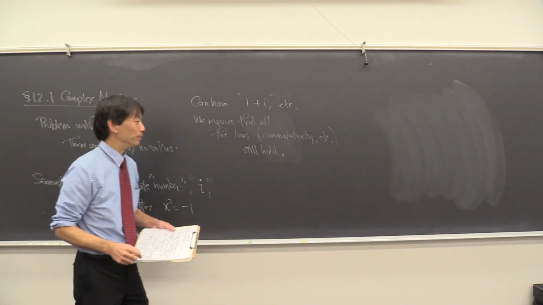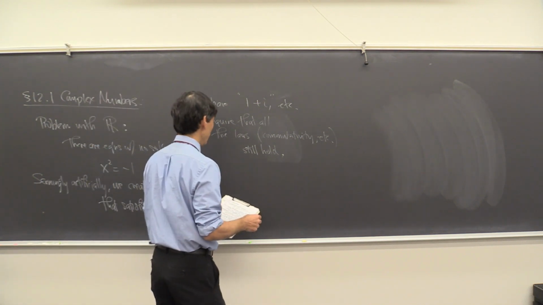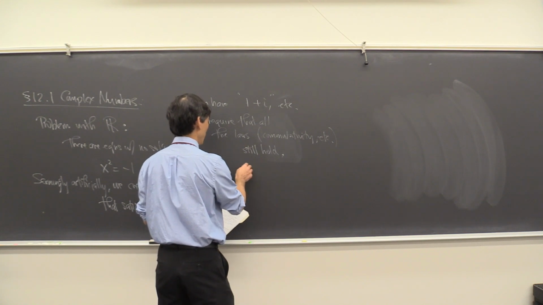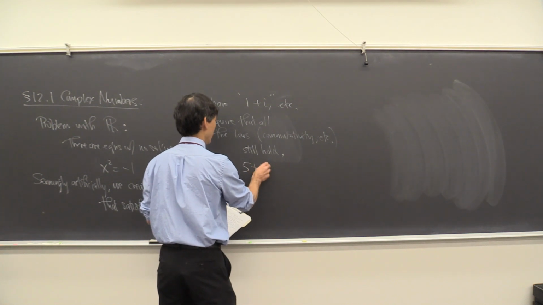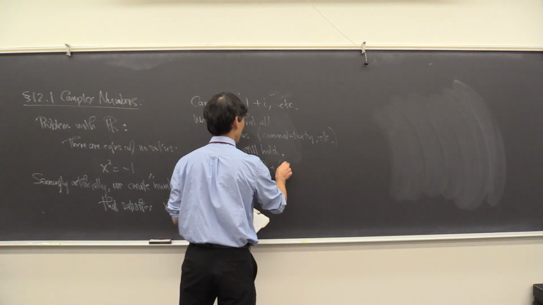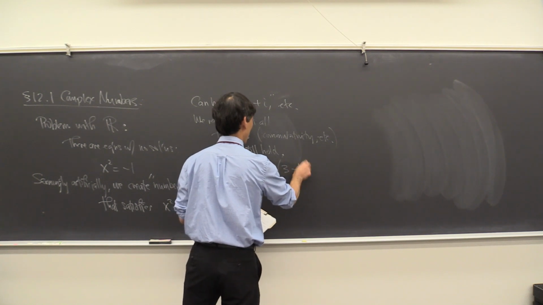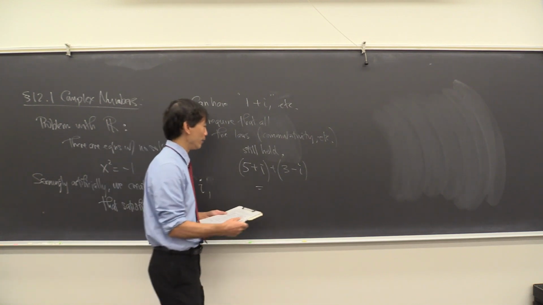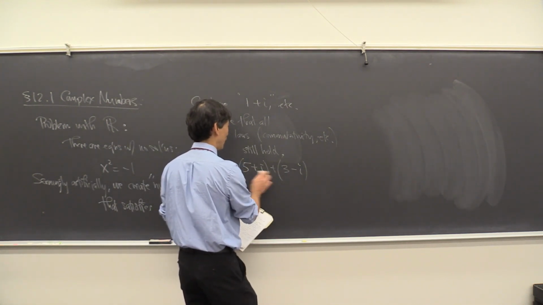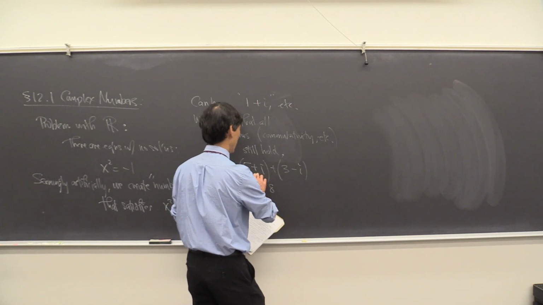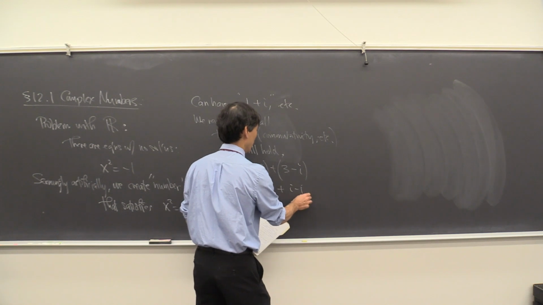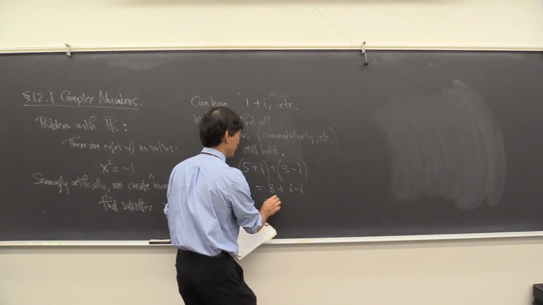So if we want to add two numbers, like 5 plus i plus 3 minus i, then I can use my laws just as I did before. The 5 and 3 add together, and then the i and the minus i add together, and I get 0, right? These guys cancel each other off. You just get 8, right?